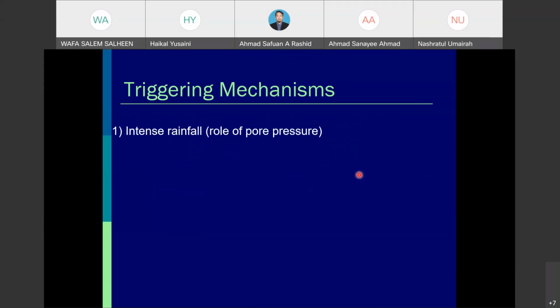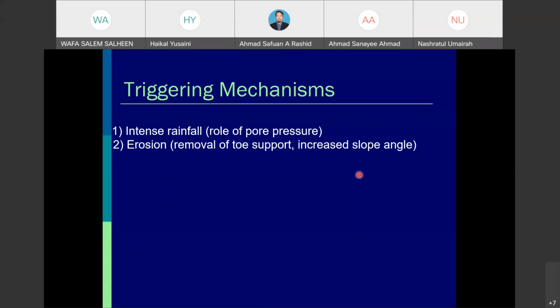Triggering mechanism. Intense rainfall, which is related to the increment of pore water pressure, or excessive pore water pressure. Erosion: removal of toe support and increase of the slope angle.